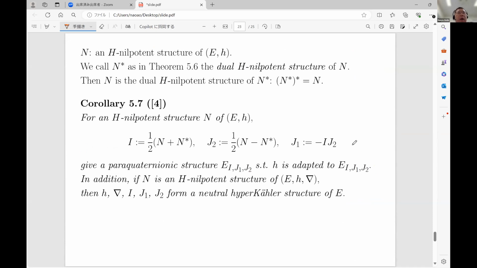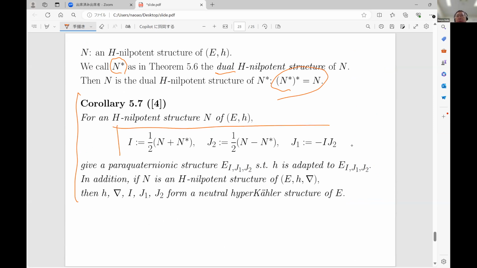Let N be an H nilpotent structure of EH. We call N star, as in the above theorem, the dual H nilpotent structure of N. Then N is the dual H nilpotent structure of N star. We obtain this corollary for an H nilpotent structure N of EH.